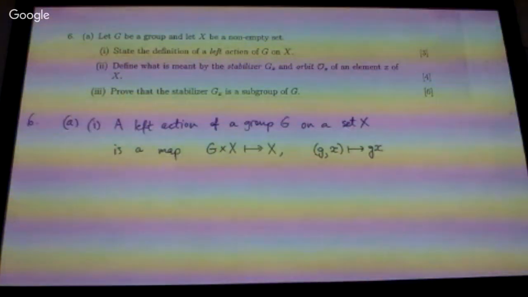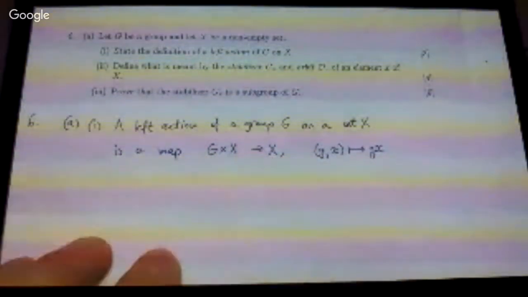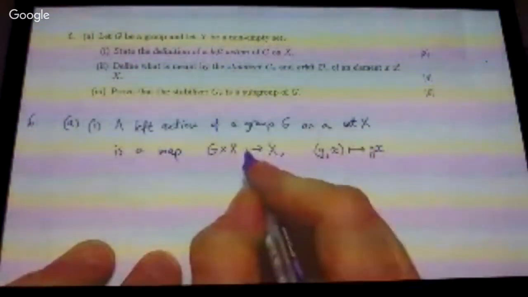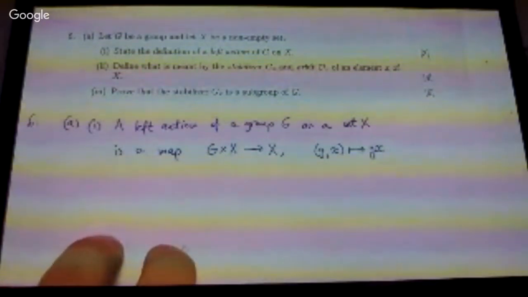I was thinking ahead and writing ahead. This is just supposed to be a normal arrow, and this is supposed to be the mapsto arrow.